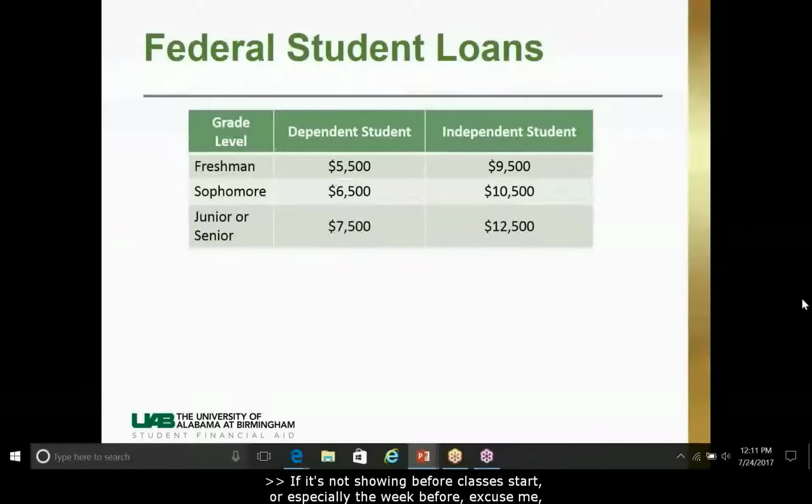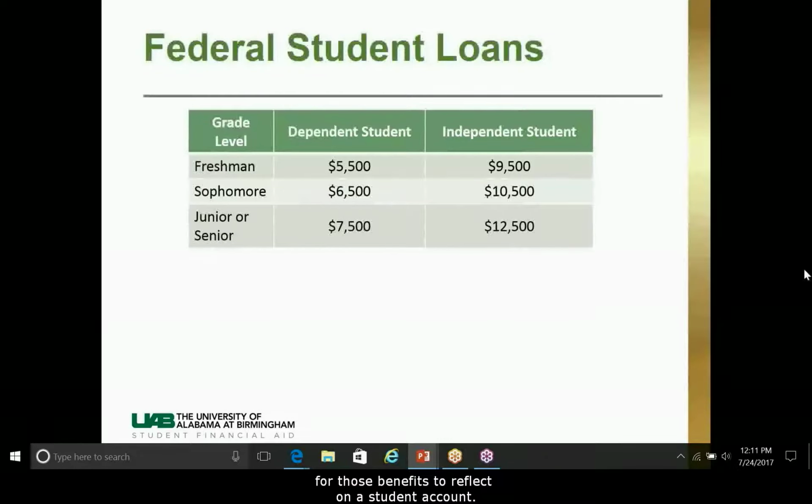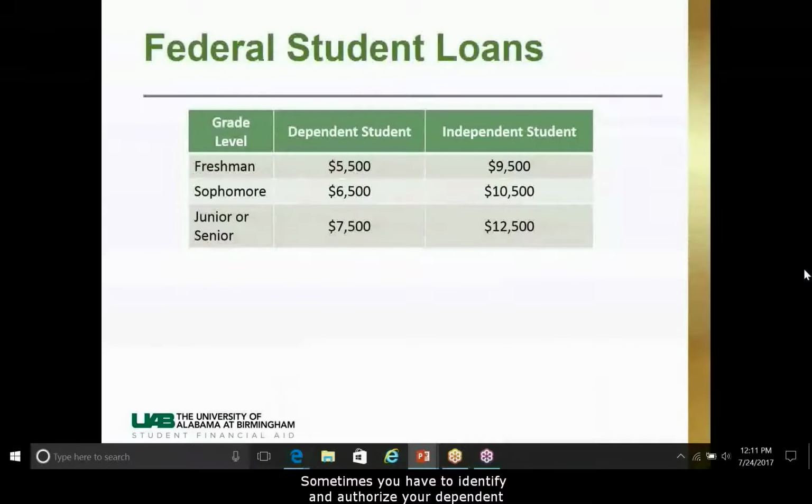If it's not showing up before classes start, or especially the week before the first payment deadline, I would contact benefits just to make sure that you fulfilled everything that needs to be done for those benefits to reflect on the student account. Sometimes you have to identify and authorize your dependent to receive those educational assistance funds.